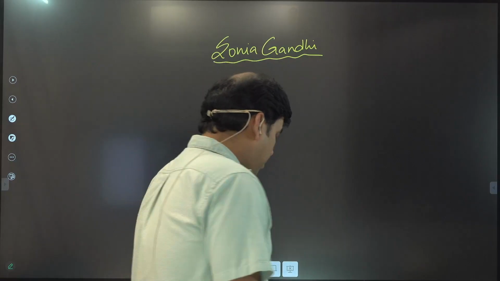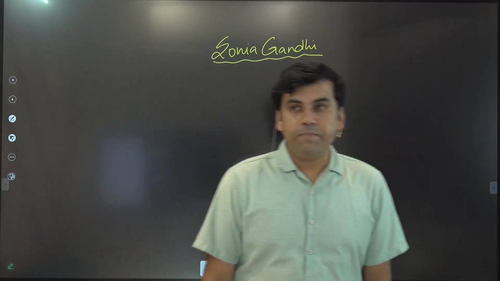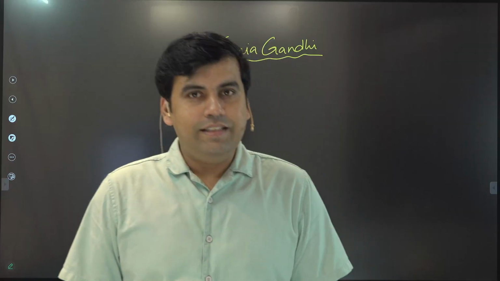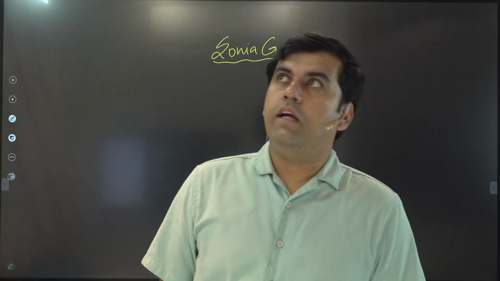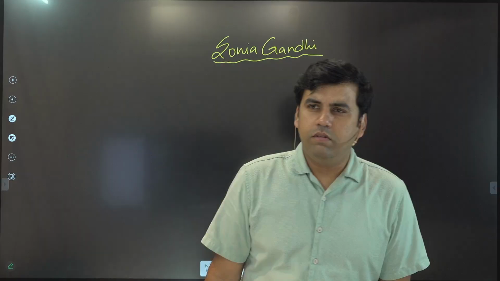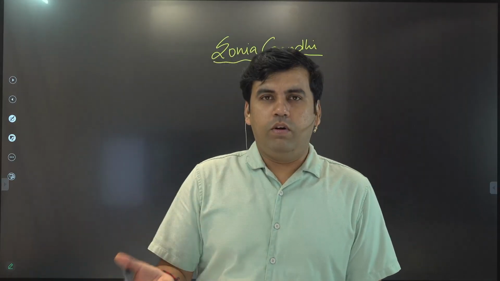Who is Mrs. or Miss Sonia Gandhi? Is she a citizen of India? Because she has been living in India for almost 50 plus years now, because the youth leader Rahul Gandhi is already 50 plus. What is she? Batao?